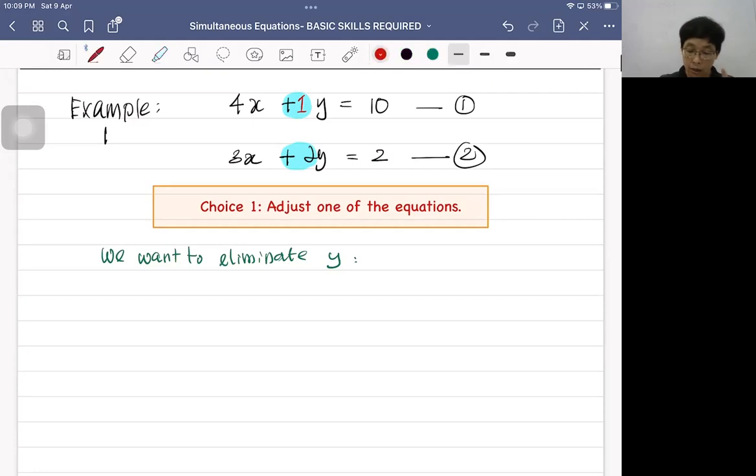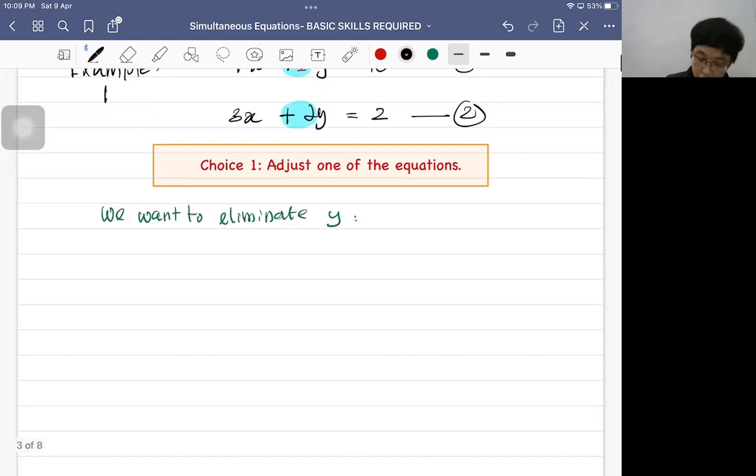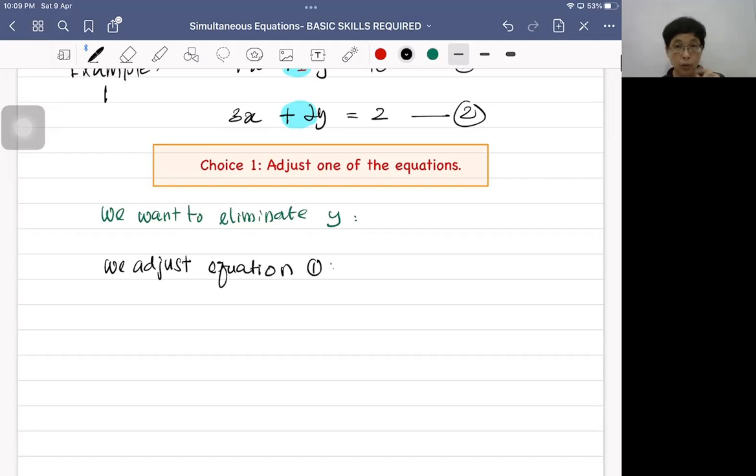Let me illustrate that. So we can just adjust equation 1. What do we do?